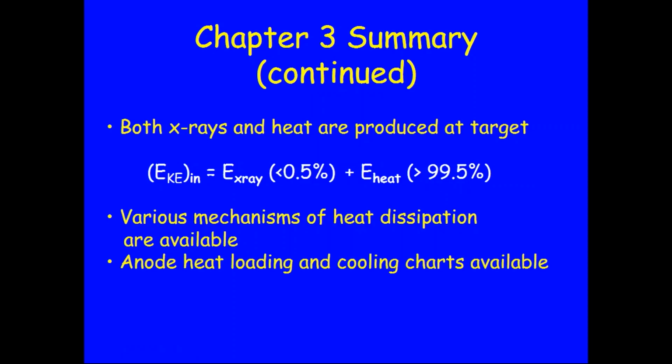But we have various heat dissipation mechanisms available to control that heat. Otherwise, it would be very difficult to avoid blowing up that X-ray tube. And the last thing we looked at was these heat loading and cooling charts.